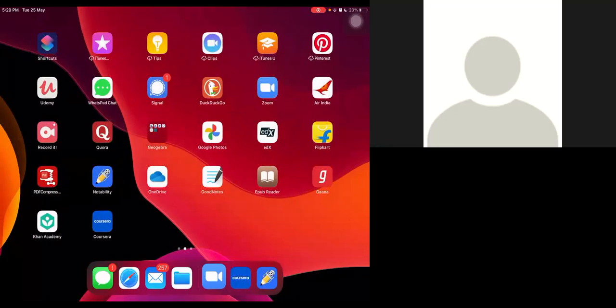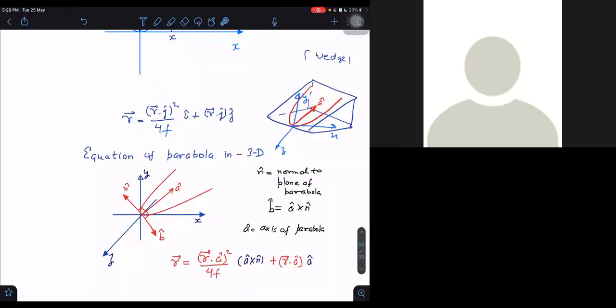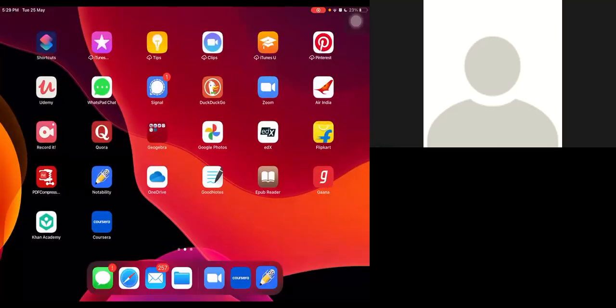So we can start where we were. Can you see the screen now? No, you cannot see, I think. Let me share. Yes, sir, we are able to see. You are able to see?